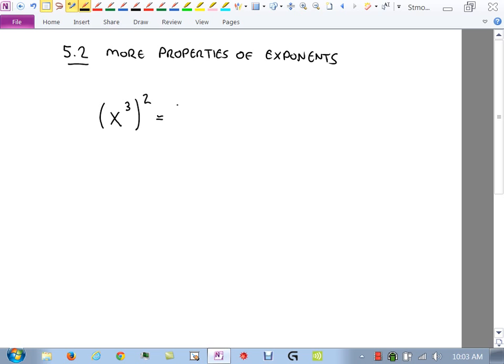So doesn't this mean x cubed times x cubed again? And doesn't x cubed really mean x times x times x? That's the first group. And then multiplication again, x times x times x again. And then how many do I have? 6. So that's x to the 6th, isn't it?